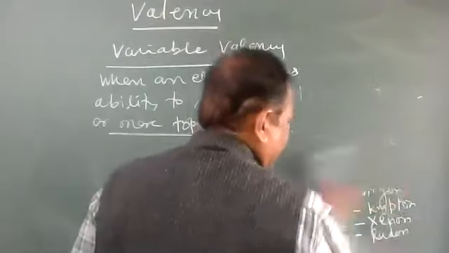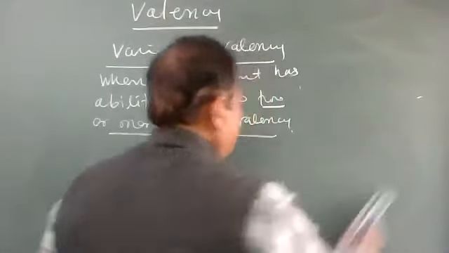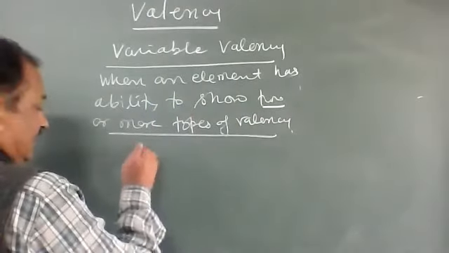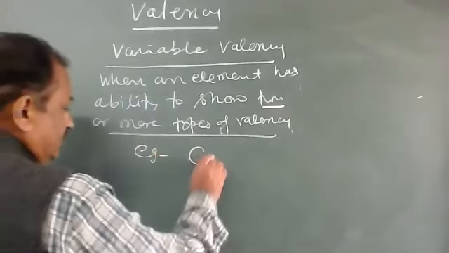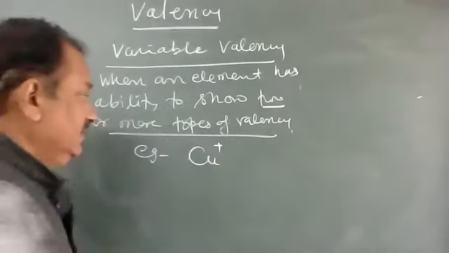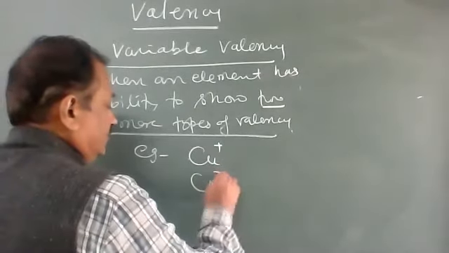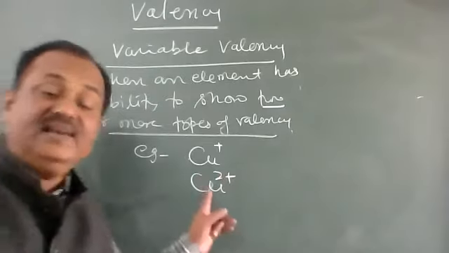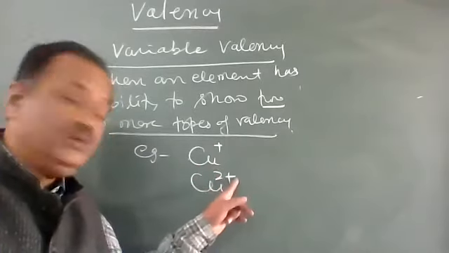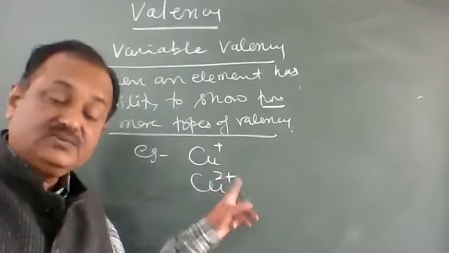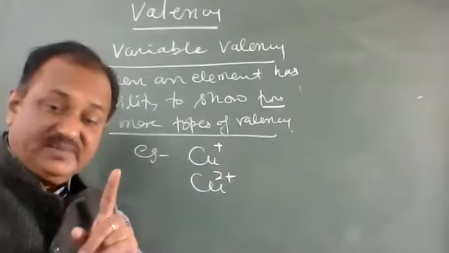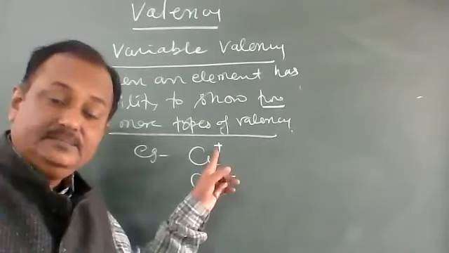So, many elements exhibit variable valency, like copper plus, copper 2 plus. We do not write 1 plus here; 1 is not mentioned, just mark the plus sign.